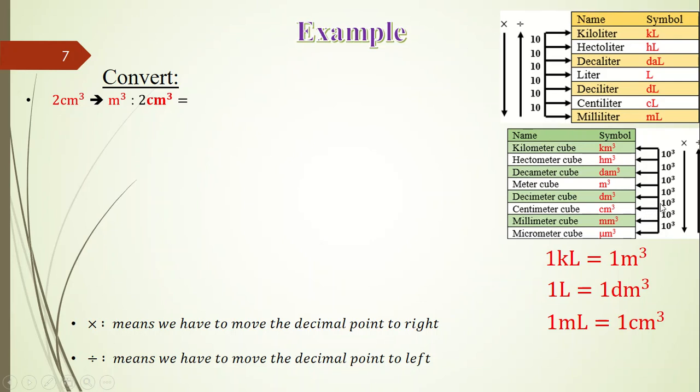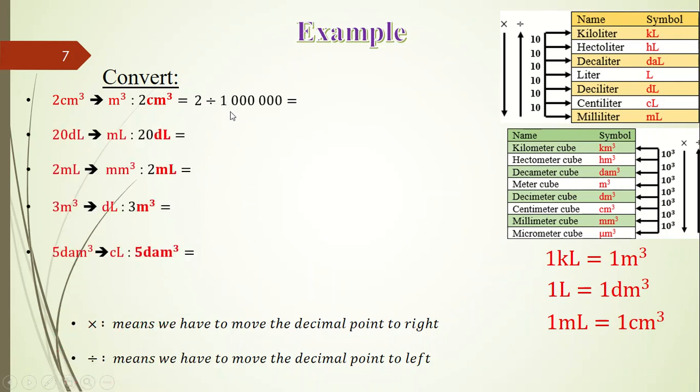From centimeter cube to decimeter cube there are 3 zeros, and from decimeter cube to meter cube another 3 zeros. So we have to divide by 1 million. Okay? Since we are dividing, it means that we have to move the decimal point to the left. So it gives 0.00002 meter cube.